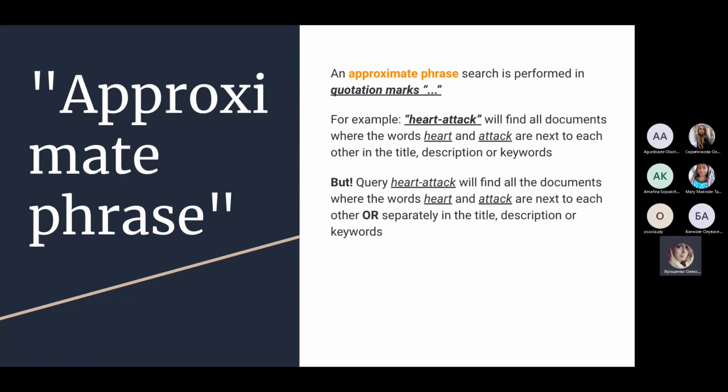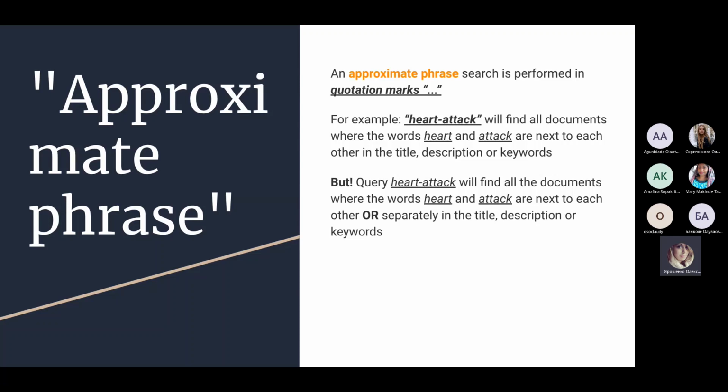Approximate phrase is another way to find phrases. It is performed in quotation marks, just like in EBSCO. What is the main difference between quotation marks and curly brackets? Let's look at the example. Heart-attack with hyphen in quotation marks will find all the documents where the words heart and attack are next to each other in the title, description, or keywords.